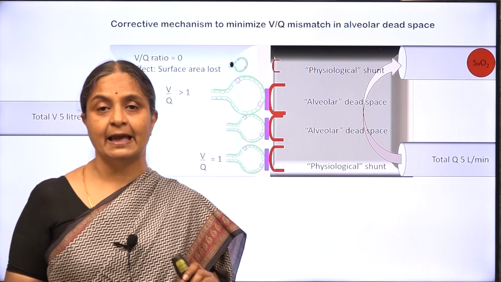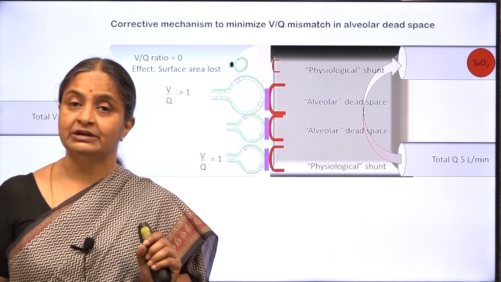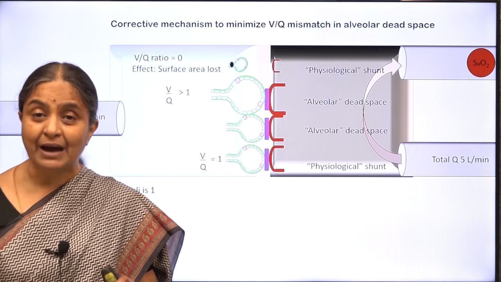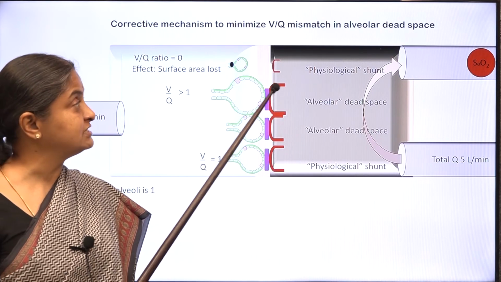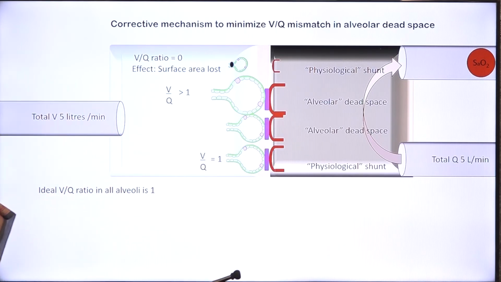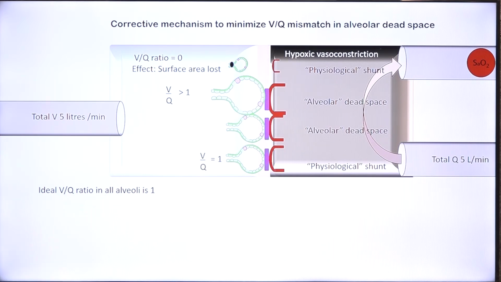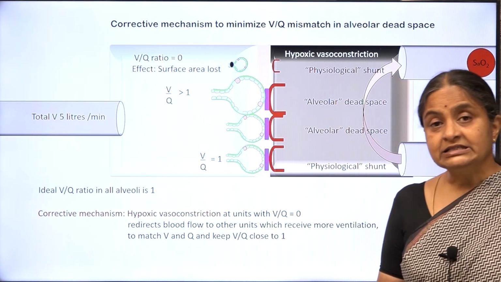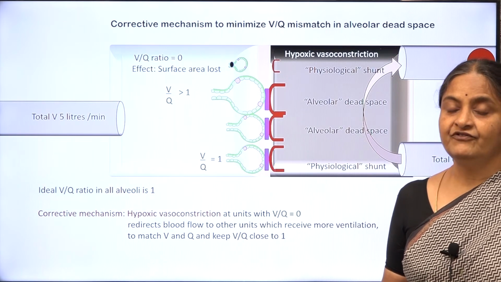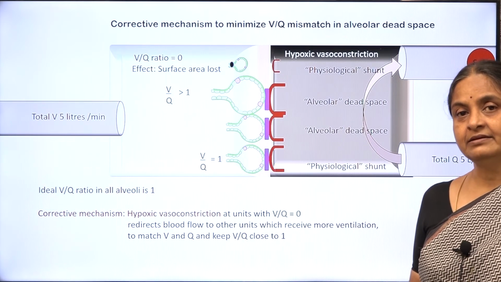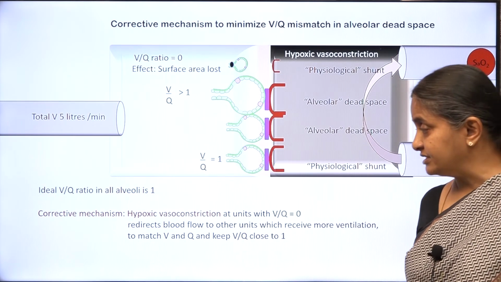Hypoxia in systemic capillaries leads to vasodilation, whereas in the pulmonary capillaries, hypoxia leads to vasoconstriction. Hypoxic vasoconstriction is a peculiar phenomenon in the pulmonary capillaries only, and the aim of this response is to match ventilation to perfusion.